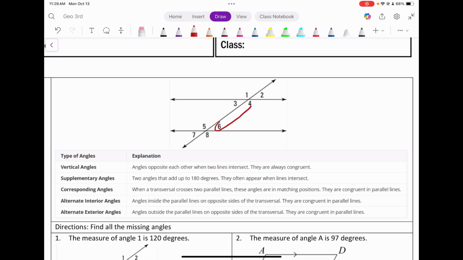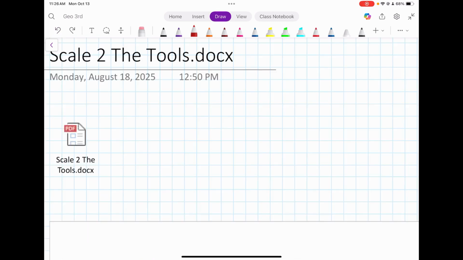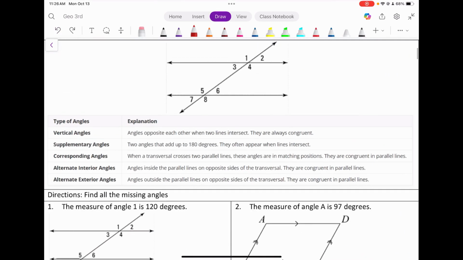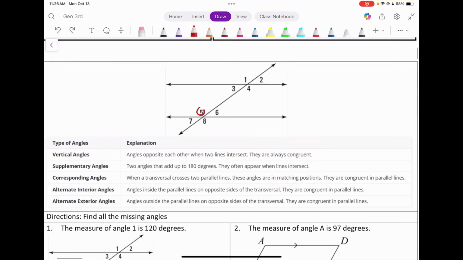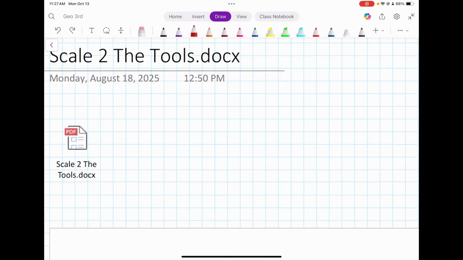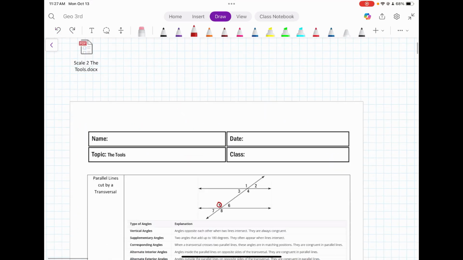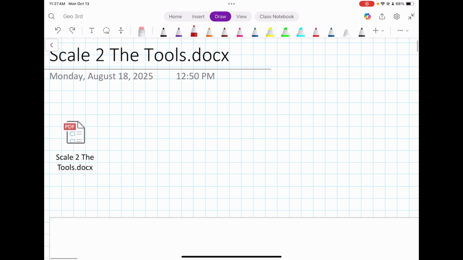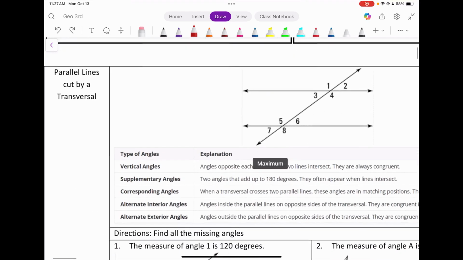The angles that are on the same side of the transversal, those are obviously called same side angles. And then you have what we know as alternate angles. Alternate means there's one on one side of the transversal and one on the other side. So that's where we get the terms alternate interior, alternate exterior, and all this.